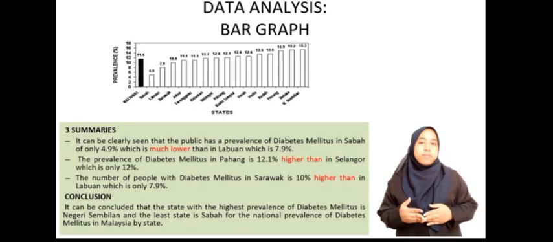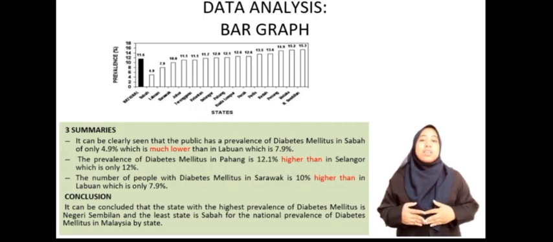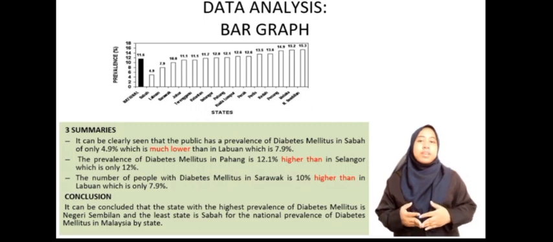15.3%. In summary for this graph, it can be clearly seen that the prevalence of diabetes mellitus in Sabah is only 4.9%, which is much lower than in Labuan, which is 7.9%. Second, the prevalence of diabetes mellitus in Pahang is 12.1%, higher than in Selangor, which is only 12%.